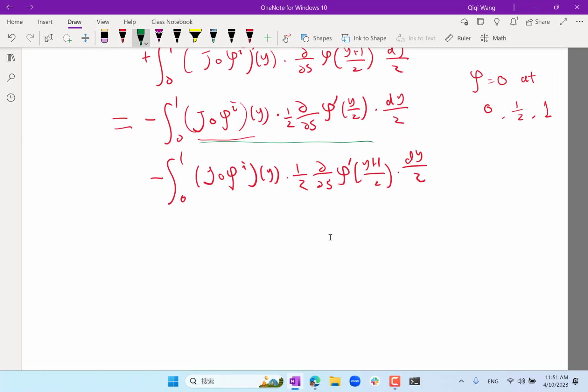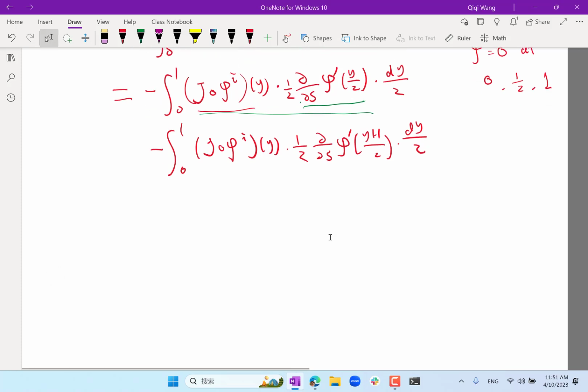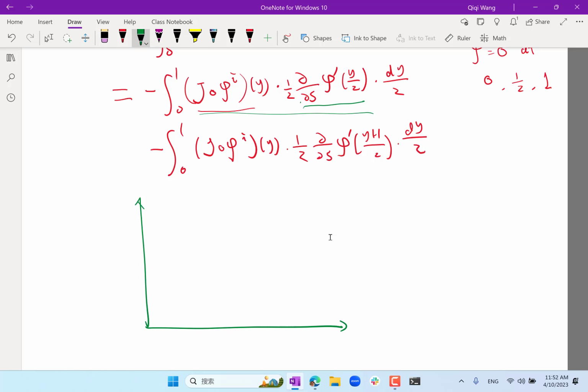What this means is quite interesting. We are taking the derivative of the map with respect to two things. One is with respect to S, and another is with respect to the spatial coordinate. So let's look at the sawtooth map itself and visualize what that term actually means.